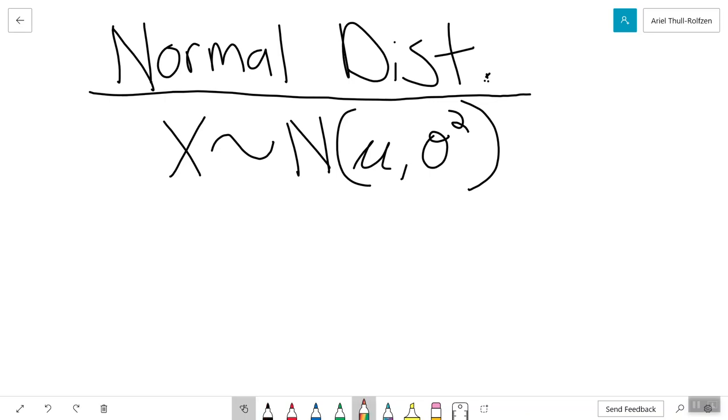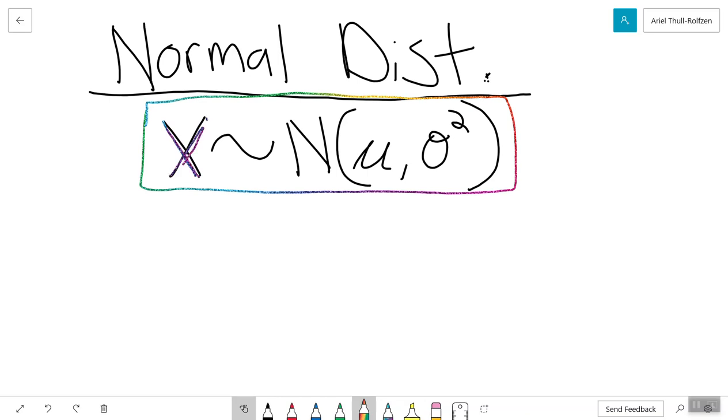So let's walk through exactly what this means, because this is the bread and butter of normal distribution right here. What this means is this is saying that our x value for the test, and the squiggly line here is just saying it's part of the expression that it's normally distributed, n.